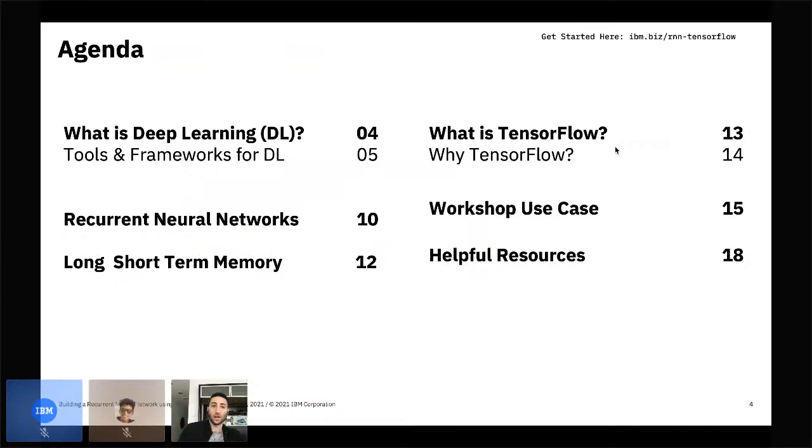Then we're going to talk about recurrent neural networks and long short-term memory, which is a specific kind of deep learning network that we use when working with neural networks. From there, we're going to talk about TensorFlow and why we go with TensorFlow, and we'll spend the rest of the session focusing on the use case with Mridul. So we'll be doing the hands-on part. And eventually, we would love to share a couple of helpful resources that can be of benefit to you.